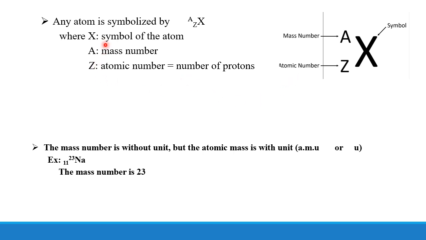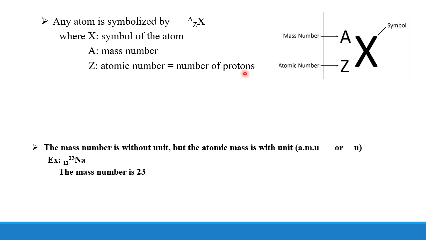Any atom is symbolized by the nuclide, where X is the symbol of the atom, A is the mass number, Z is the atomic number equal to the number of protons. And since atom is electrically neutral, Z is equal to the number of electrons.